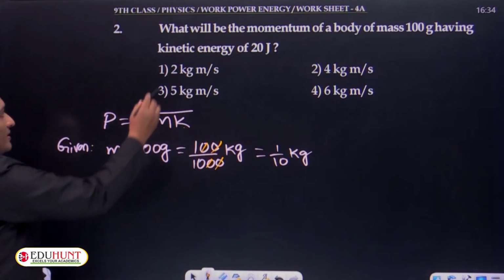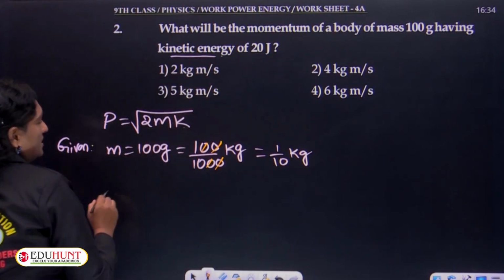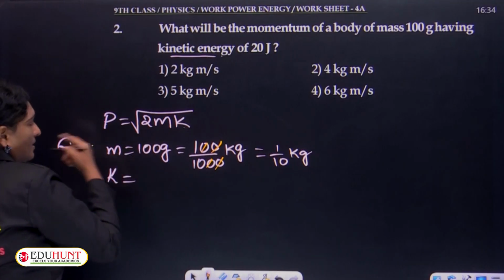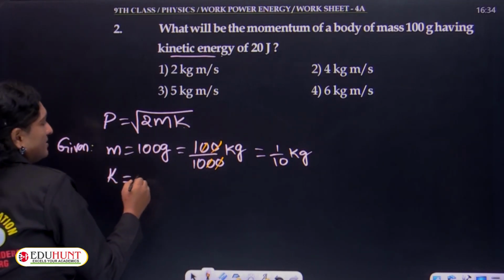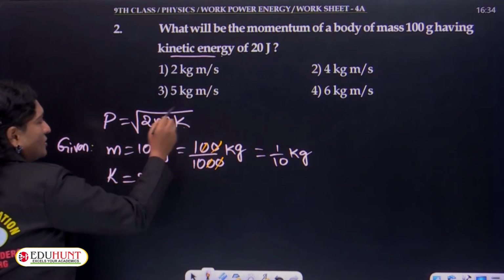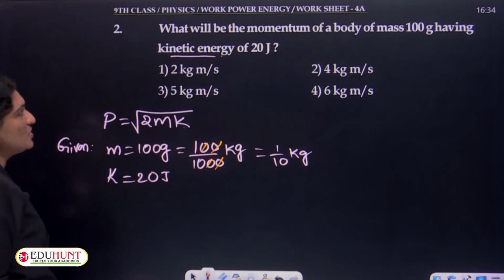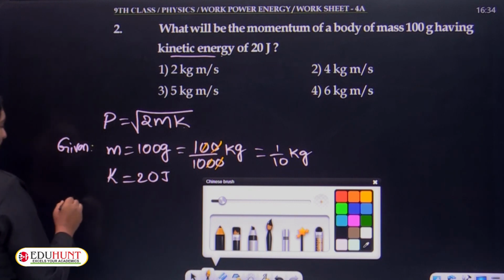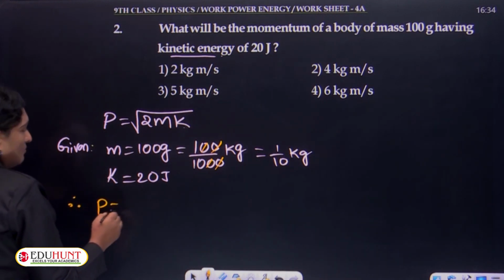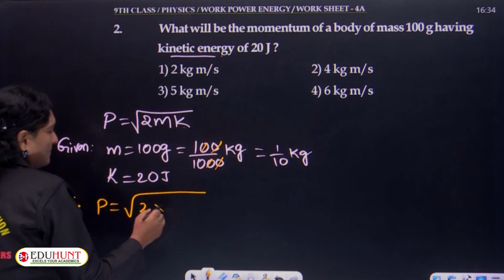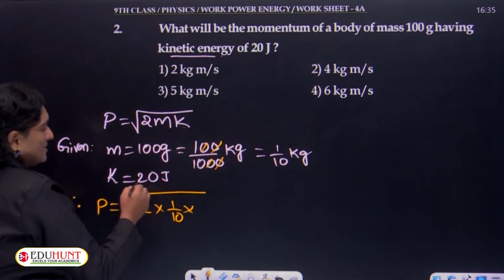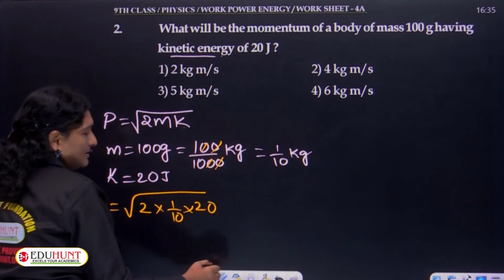And what else is given? The value of kinetic energy, K is equal to 20 joules. Substituting all the values in the above equation, let us find the momentum. Therefore, the momentum P is equal to root over 2 times the mass, 1 by 10, and the kinetic energy, 20 joules.